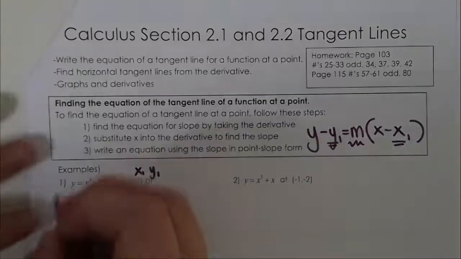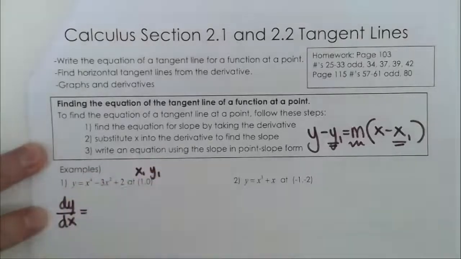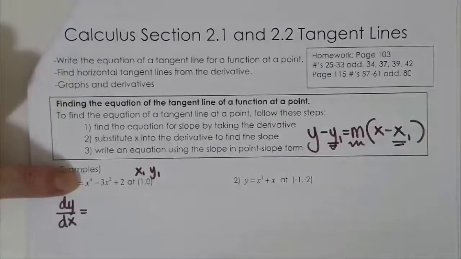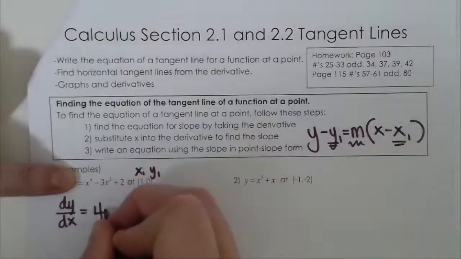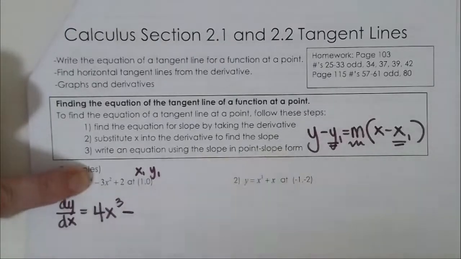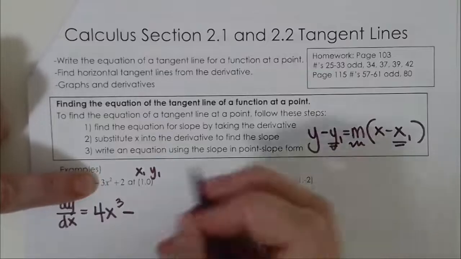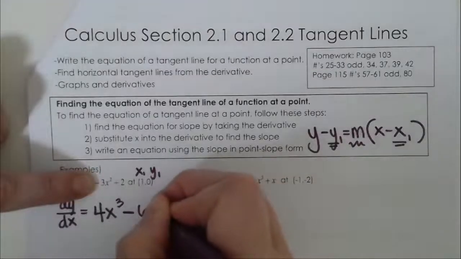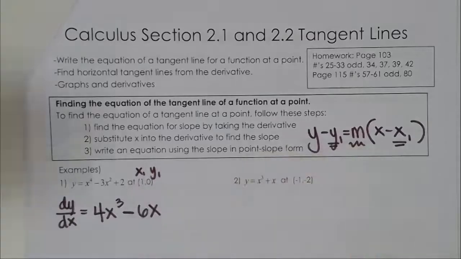So first step, find the derivative. dy/dx equals the derivative of each of these individual terms. x to the fourth turns into 4x to the third, minus, we have 3x squared, bring the 2 in front with the 3, so 3 times 2 is 6, x to the power of 1, and then the derivative of a constant is just 0, so I don't have to write that down.